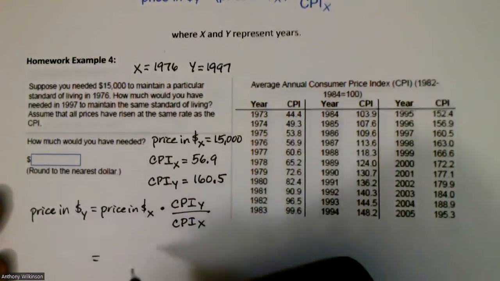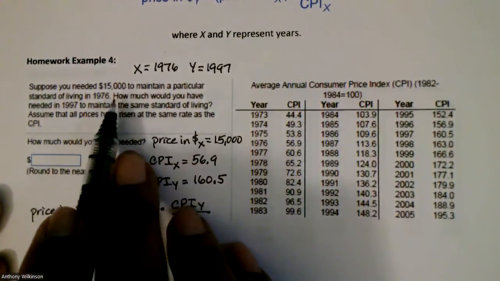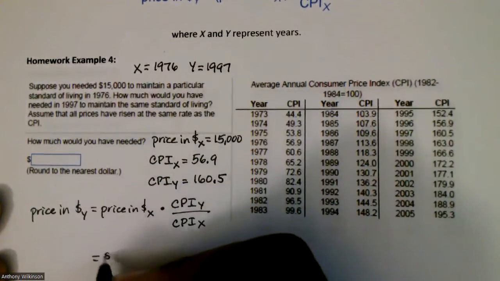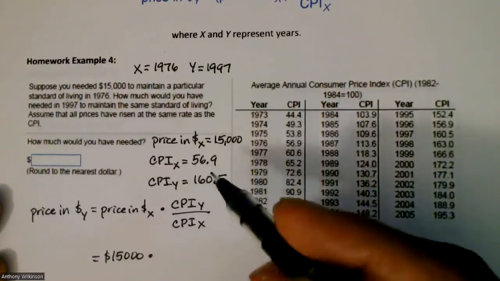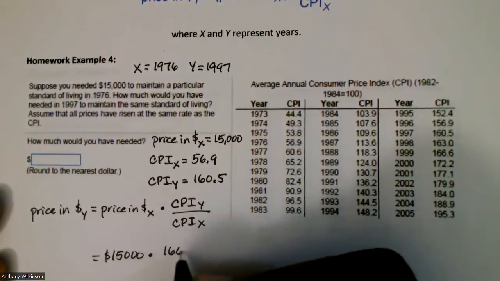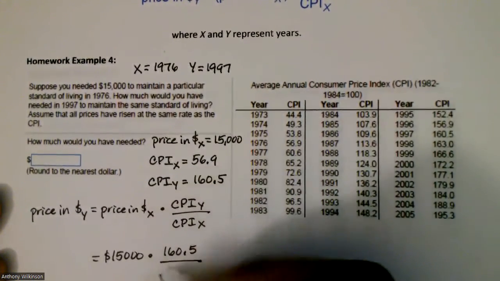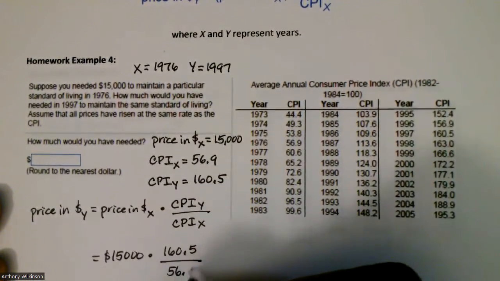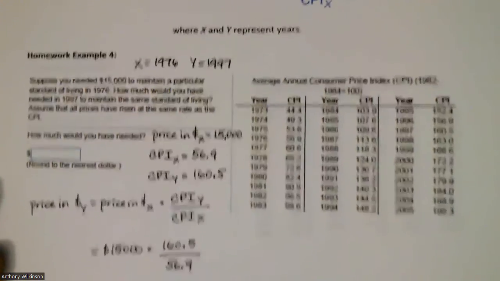Now let's do some substitution here. The price in dollars for year X, 1976, that was $15,000, multiplied by the consumer price index for Y, which was 160.5, divided by the consumer price index for X, that was 56.9. Okay.